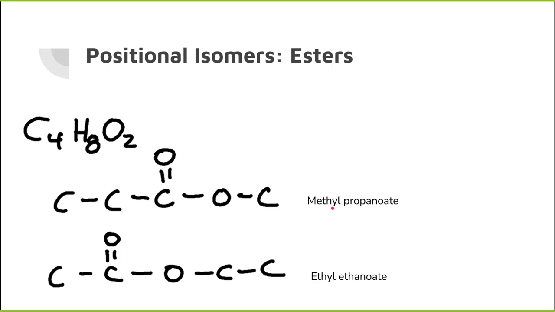So both methyl propanoate, here you've got 1 carbon, so that's methyl, 3 carbons propanoate, has the exact same molecular formula as ethyl ethanoate. So we're just kind of moving the double bond over. And so you've got ethyl ethanoate. These two are isomers of one another. But it's positional because all we're doing is we're not changing the main chain. We're just changing where that double bond oxygen's at.